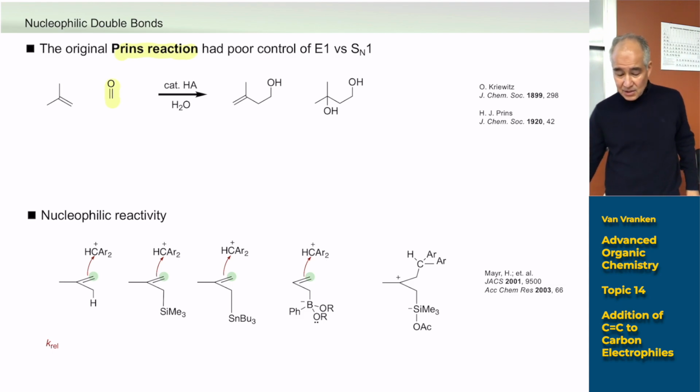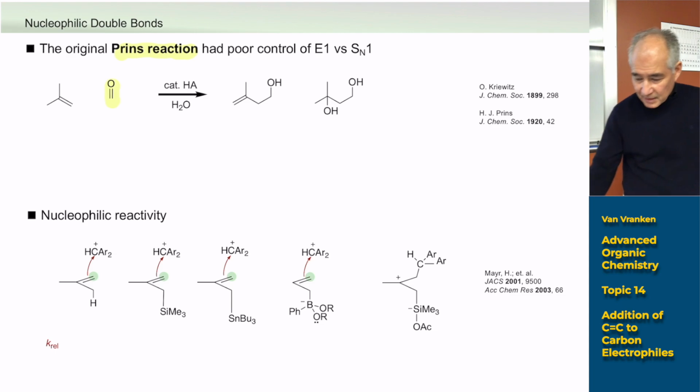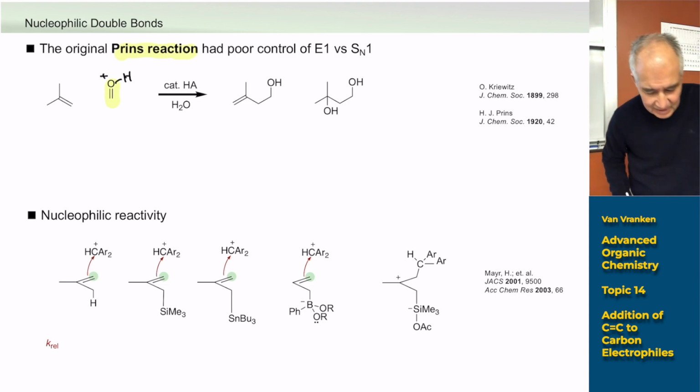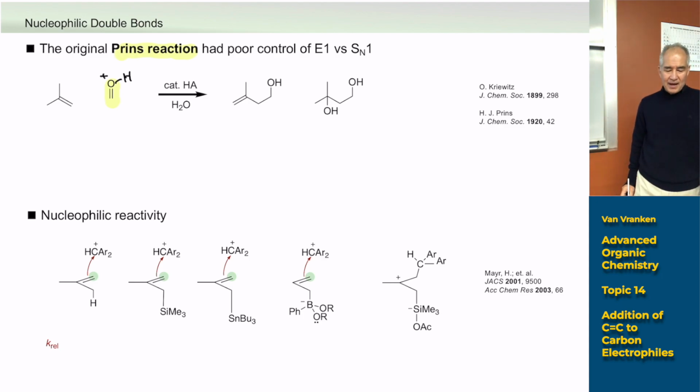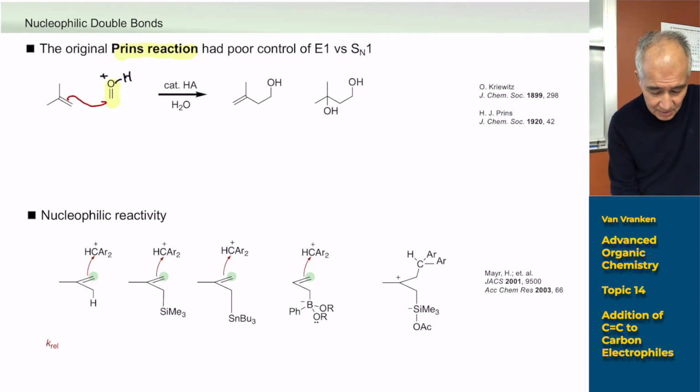And under acidic conditions, you can protonate that carbonyl or generate something like an oxonium ion. Let me go ahead and draw out that intermediate. I don't think I need to show the arrow pushing mechanism for protonation of a carbonyl. I hope I don't need to show you that anymore. So you're going to have this oxonium ion floating around, and in this original Prins reaction from the 1800s, when you have this protonated formaldehyde floating around in the presence of isobutylene, you get CC bond formation.